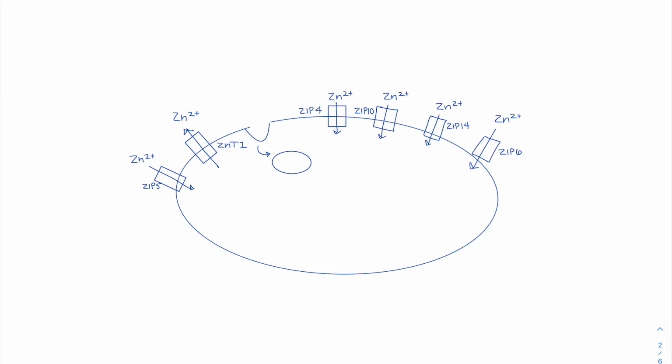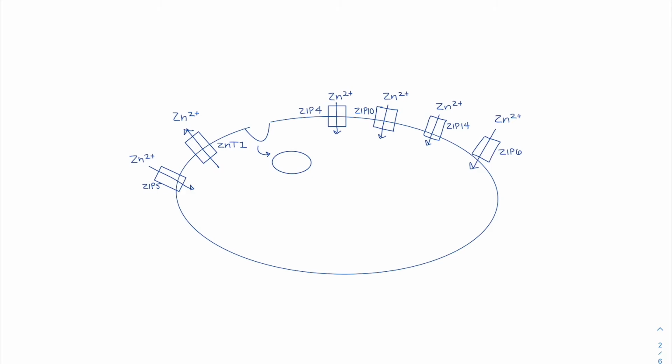After endocytosis, when albumin is taken up, zinc is released across the endosomal membrane into the cytosol, brought in by ZIPs. So you see all of these are ZIPs. It's brought into the cell. In the cytosol, zinc can bind to zinc-binding proteins, including metallothionein, and zinc can leave the cytosol by zinc transporters.